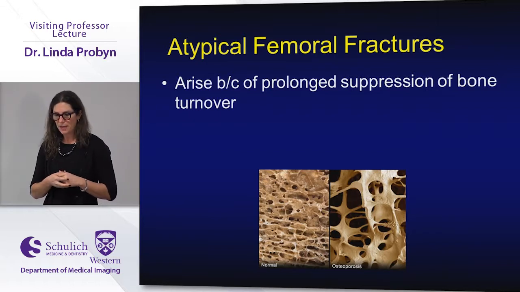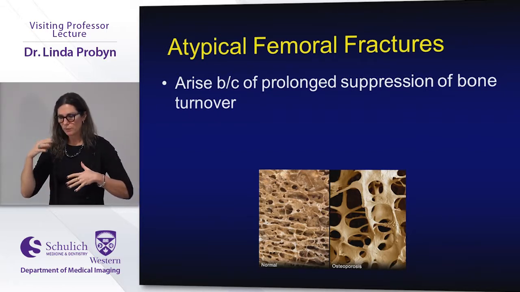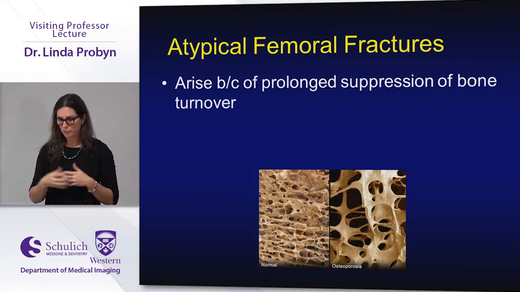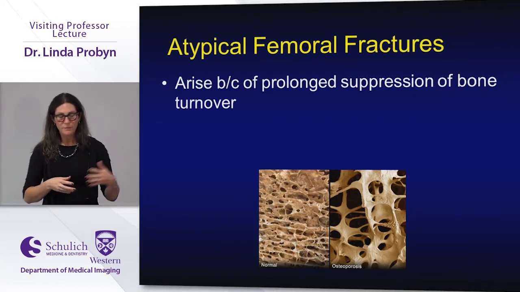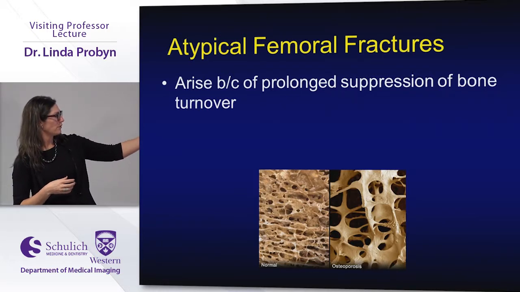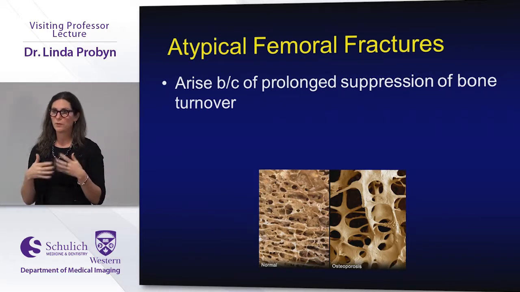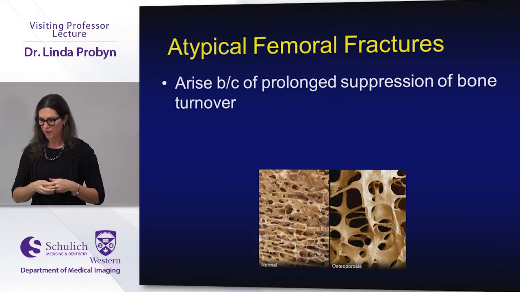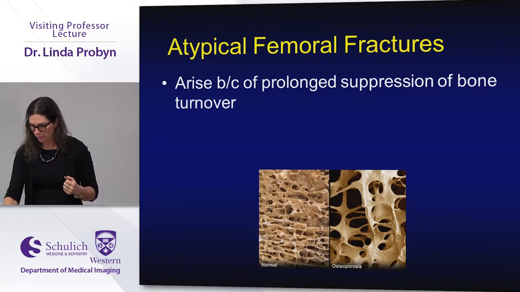So now we're suppressing the bone turnover, suppressing that normal remodeling response by giving the bisphosphonates. This shows normal bone on the left and osteoporotic bone on the right. You lose the normal architecture and trabeculae, and you lose those spicules of trabeculae in osteoporotic bone.